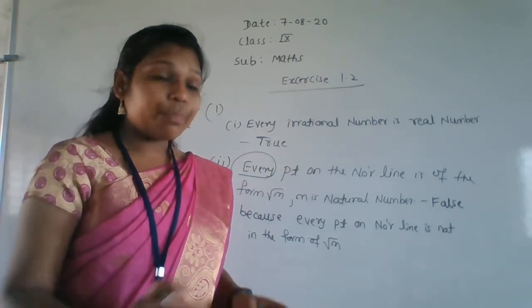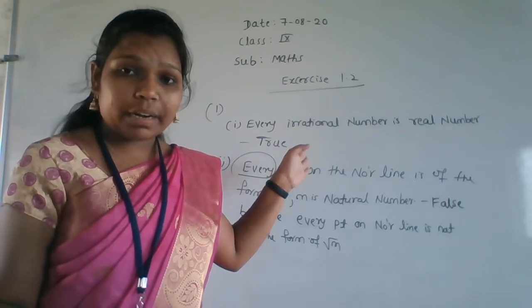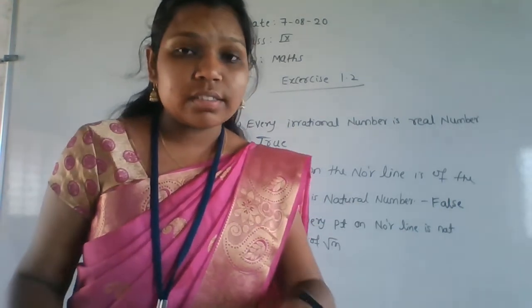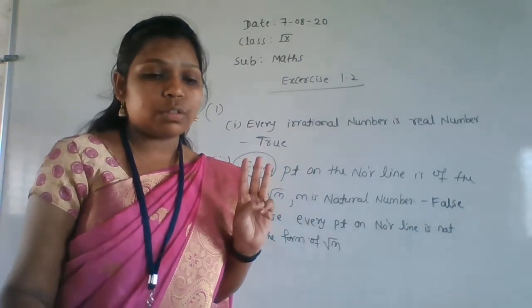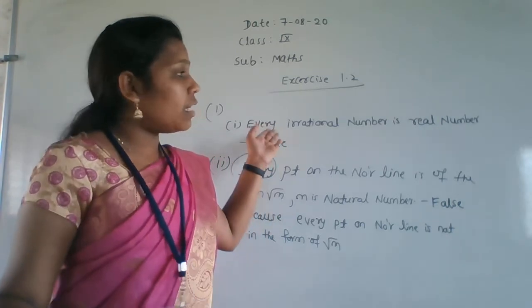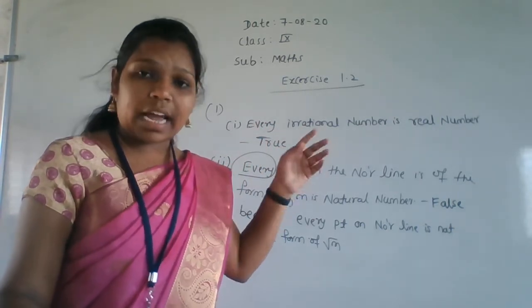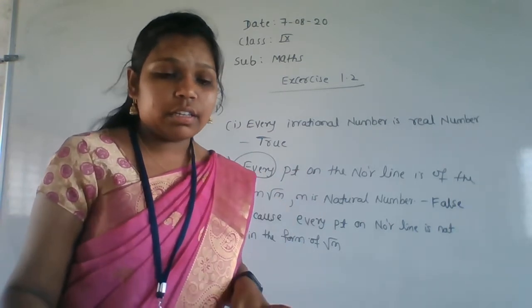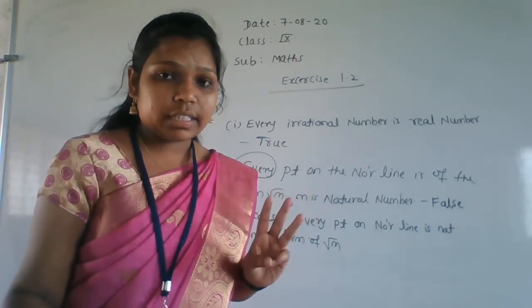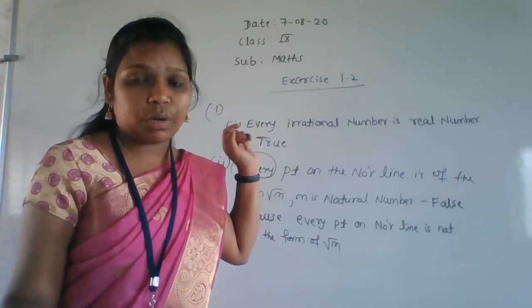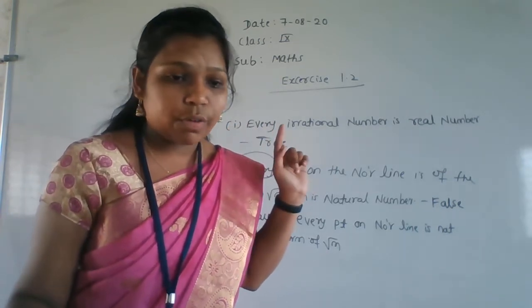If you understood that one properly, then you can answer the third one also, because it's only similar to the first one. While solving the first one only, I already told the answer here. So the third one is very easy and it is related to the first one only. So you have to answer for that.